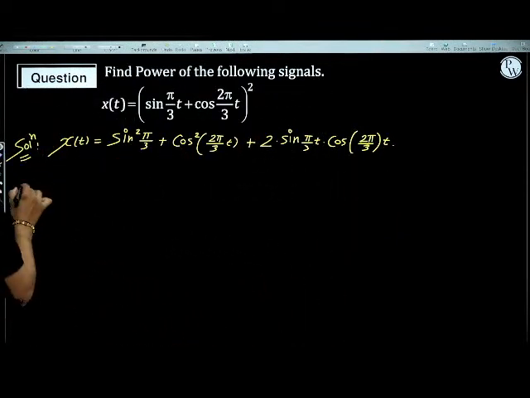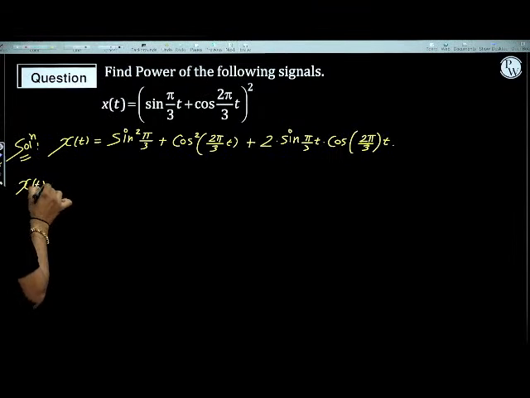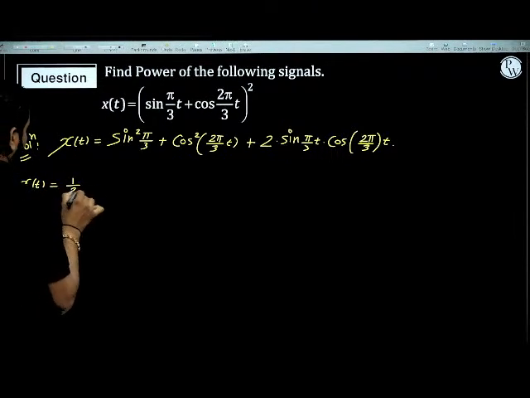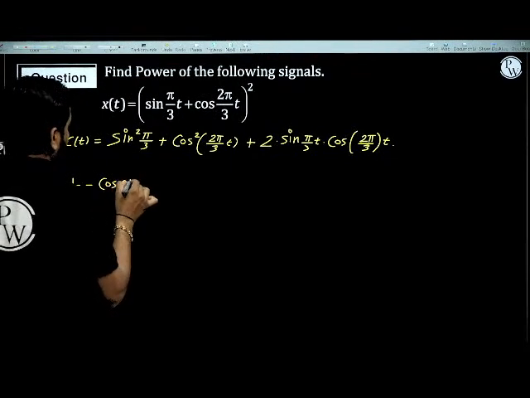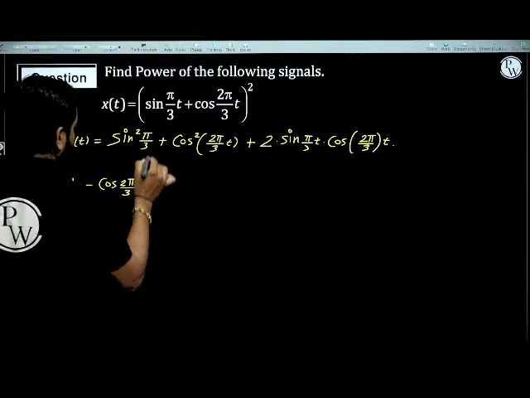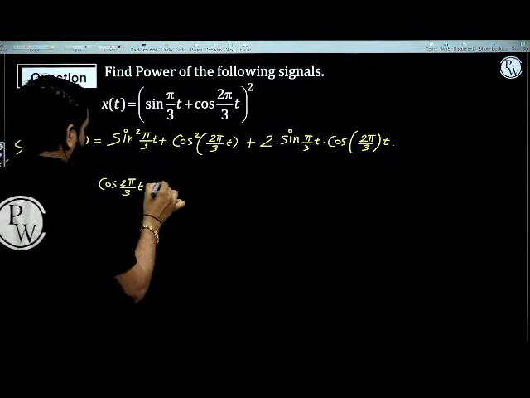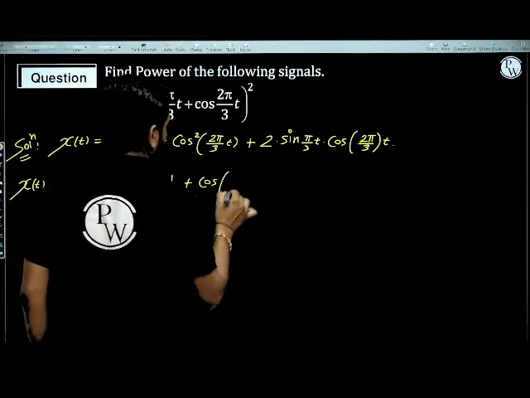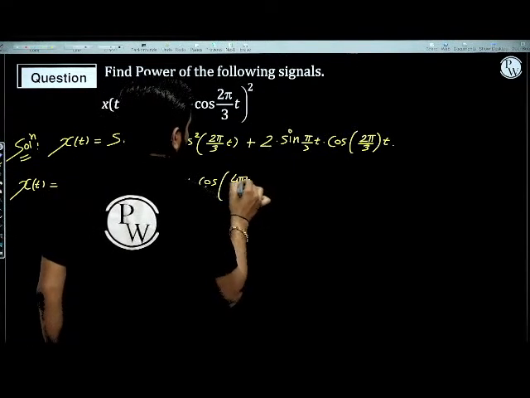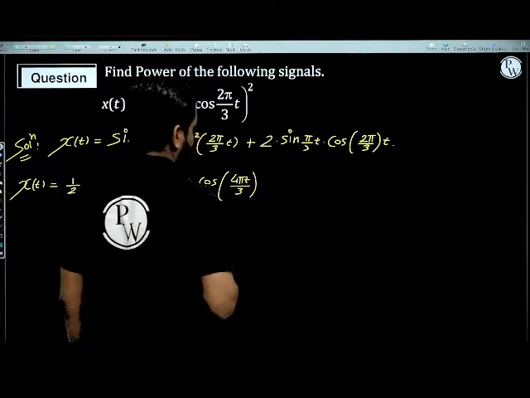Now sin square theta, so x of t is equal to, here this is 1 by 2 minus 1 by 2 cos 2 pi by 3 t, plus 1 by 2 plus 1 by 2 cos 4 pi t by 3.